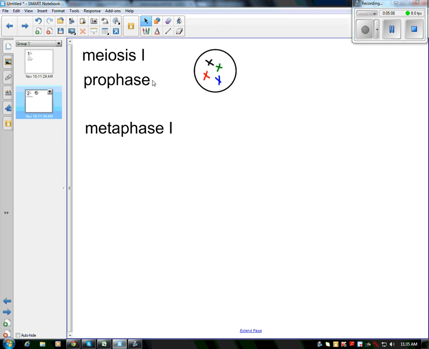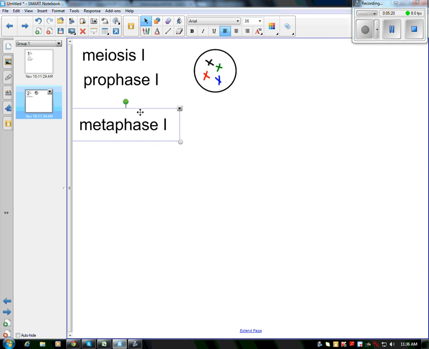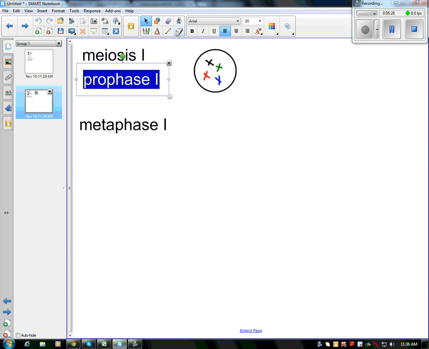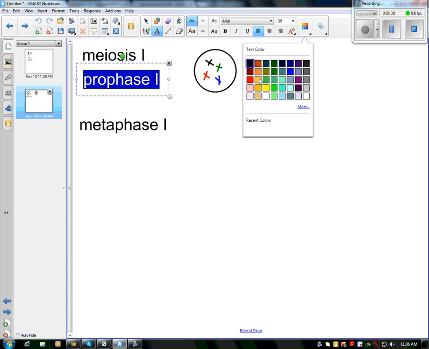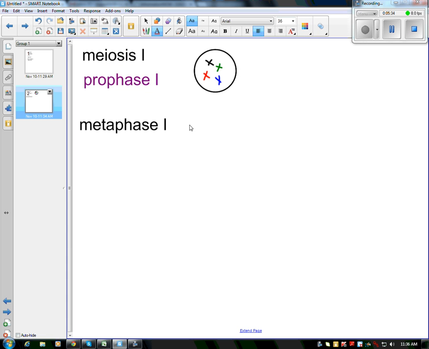And what? Really? What a pain. All right, so metaphase one. Tell you what, let's just change these. We'll make these, give me a color, purple, perfect.